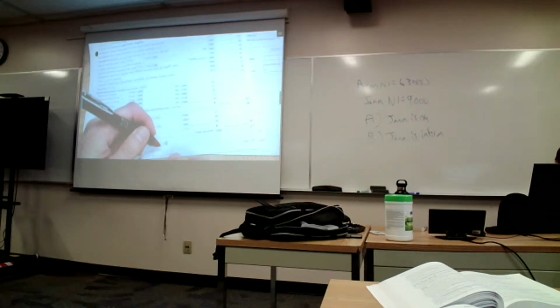So Jana is infirm, that's going to be in red. A is Jana is okay. Make sense? Okay.